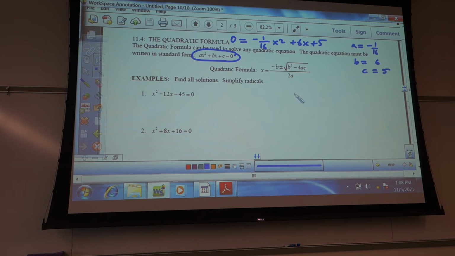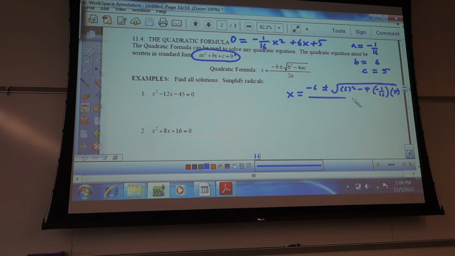So then I'm going to put it in here. My solutions are going to be x equals negative b, negative 6, plus or minus the square root of b squared, so that's 6 squared, minus 4 times a, which is negative 1/16, times c, which is 5.